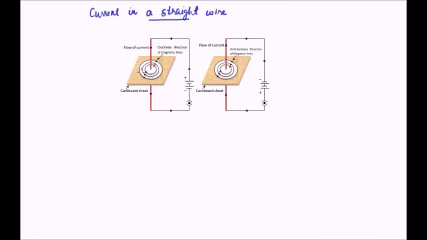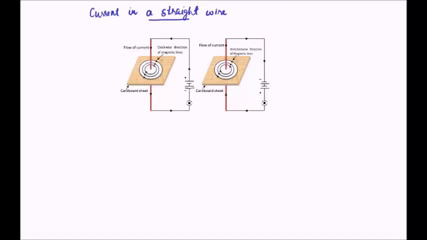Now what is observed is as soon as the current is switched on, in the case on the right, the current will start flowing from the positive terminal, go through here, go downwards in the straight wire and end up at the negative terminal. You already know this clearly.